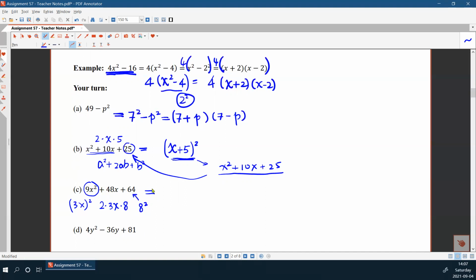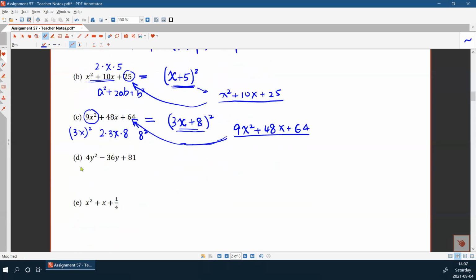So this can be factored to 3x plus 8 squared, right? And if we verify the result by expanding this, you can see this is actually 9x squared plus 48x plus 64, which is exactly the same as the original expression. That means our factoring is correct, right?